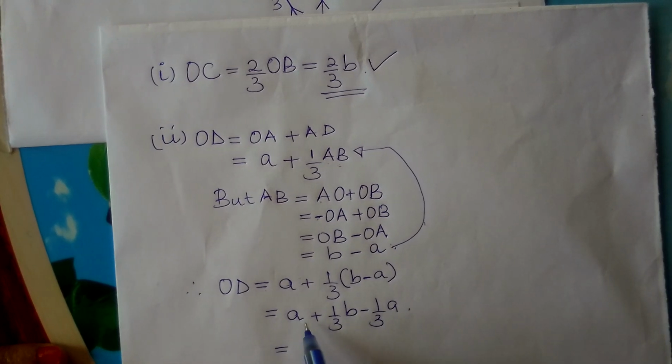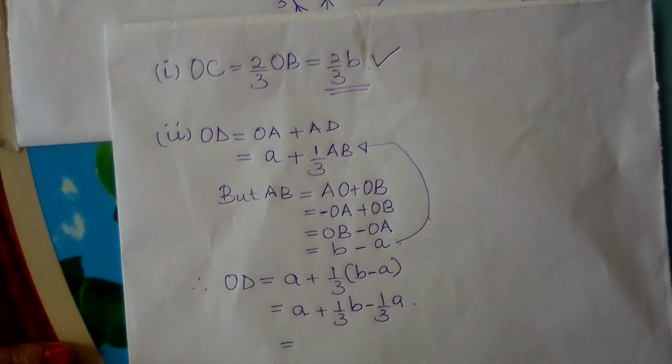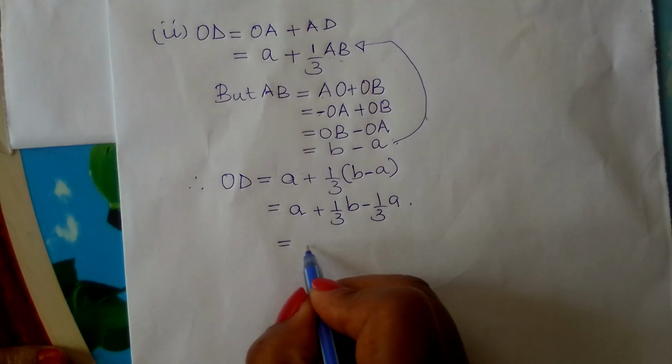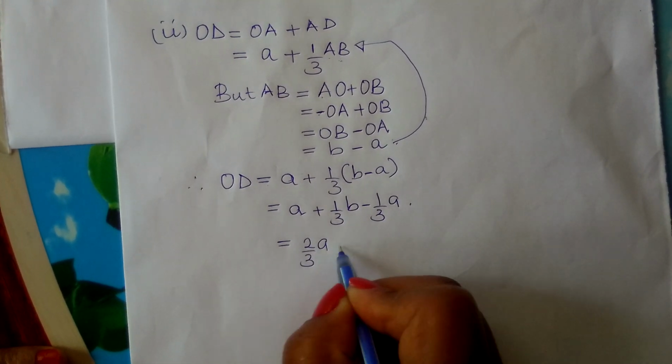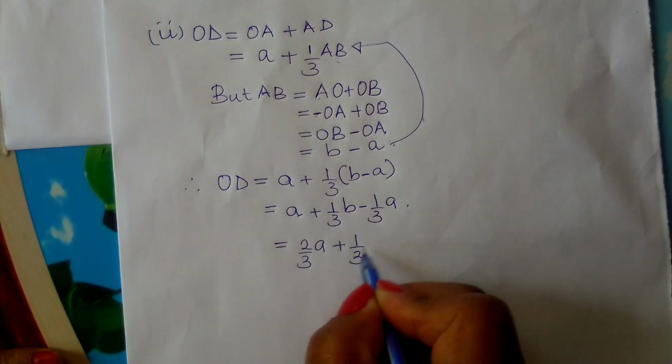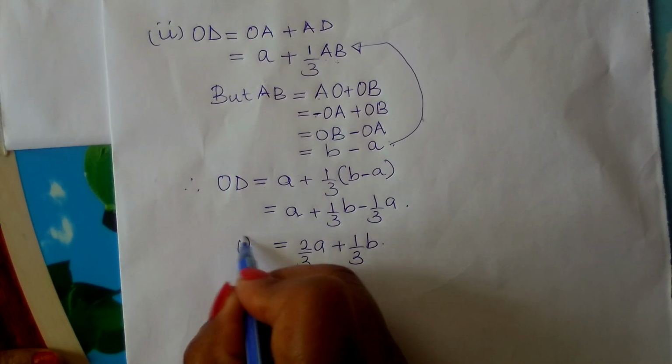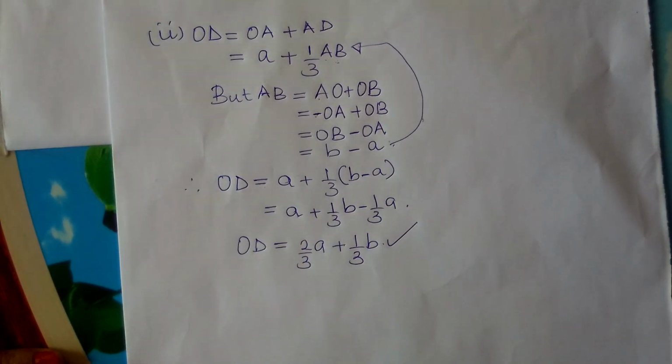You work out this. A minus a third of A gives us 2 over 3A plus a third of B. And that is your OD.